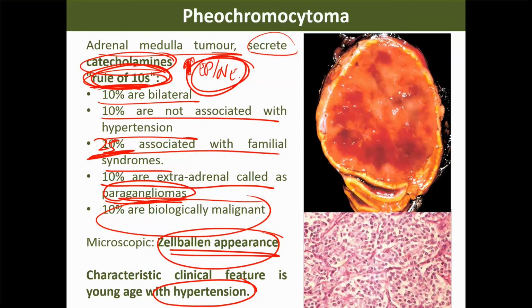Clinically they produce severe hypertension, because when the epinephrine and norepinephrine are increased, they constrict the blood vessels and increase the total peripheral resistance. That will increase the blood pressure.